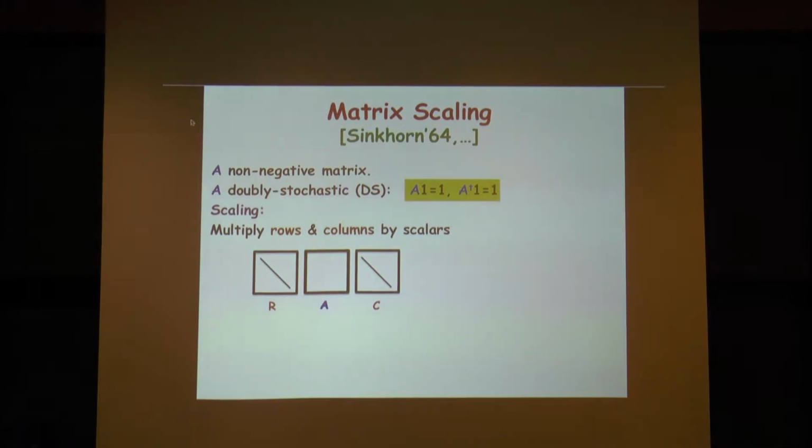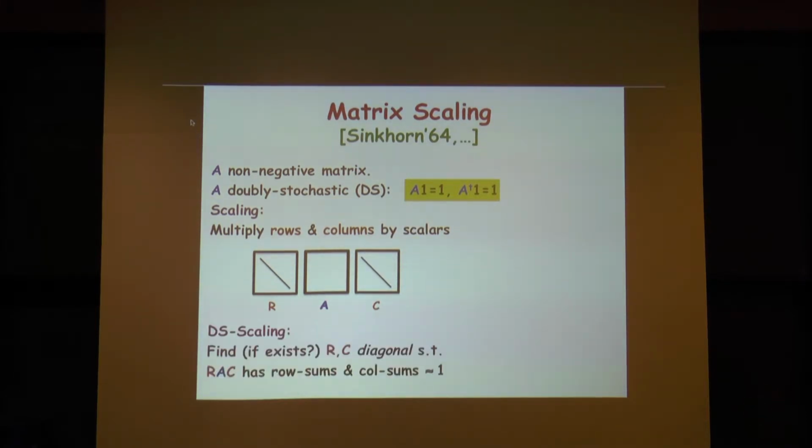Only you are multiplying and you want sums, and it's not clear. Okay. So doubly stochastic scaling is the question. I give you a matrix. Do there exist scaling factors that will make it doubly stochastic? And I want to stress that I'm happy if you can just make the row and column sums arbitrarily close to 1. They don't have to be 1.